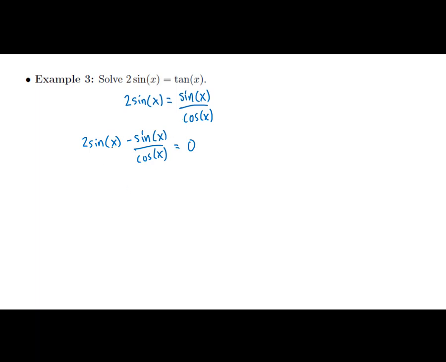Now what I can do is, if I've got a sine x in both terms, I can factor that out. So this could be the sine of x times 2 minus 1 over the cosine of x.